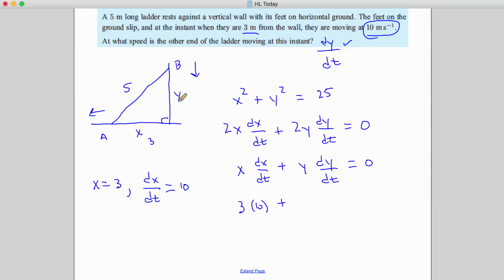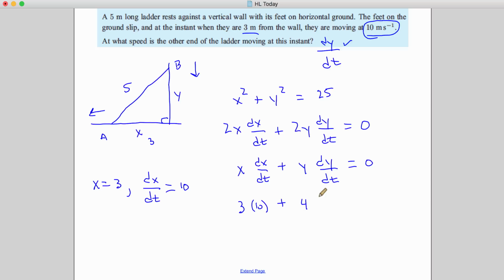Well, y is this measurement. We're calculating it at this instant, so we know that x is 3 and we have a hypotenuse of 5. It's a right triangle. That's a 3, 4, 5 triangle. Hopefully you know that. If not, you would have to use the Pythagorean theorem to solve for y, and shame on you if you do not know the 3, 4, 5 triangle.